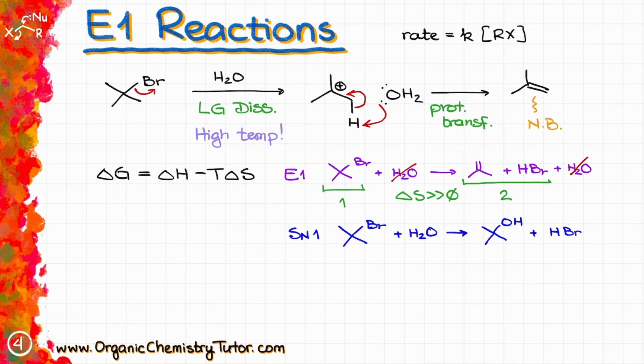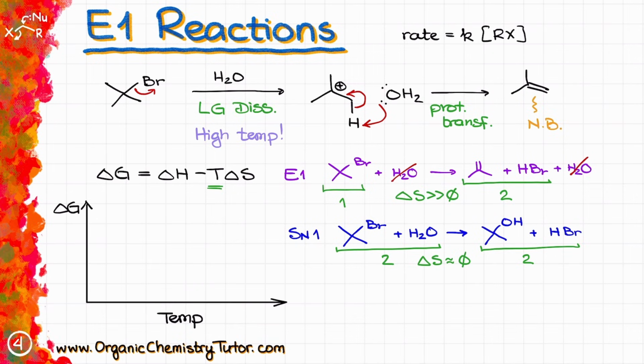So water in this case is actually being consumed. So here I'm starting with two molecules and I am finishing with two molecules as well, which means that the change in entropy in this reaction is relatively negligible, which means that the higher the temperature gets, the more favorable the elimination reaction becomes.